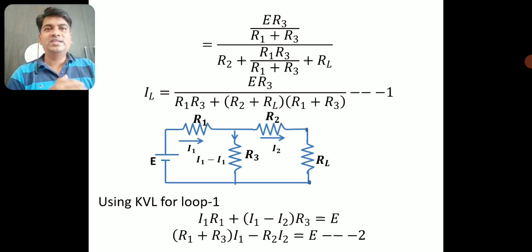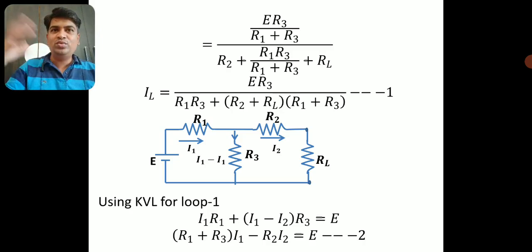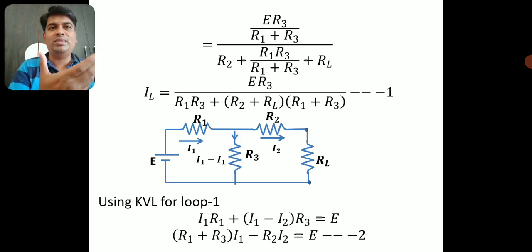Now my focus is to calculate again the current which is flowing through the load resistance and compare it with the current which I calculated in the first step in the Norton's network. If these two match with each other, it is enough, the Norton's theorem has been proved. Now I need to establish an equation for the current which is flowing through this load resistance in this complicated network.